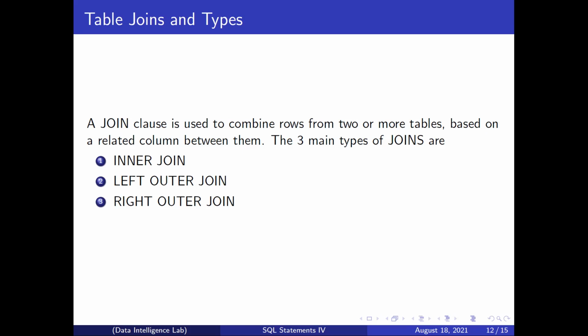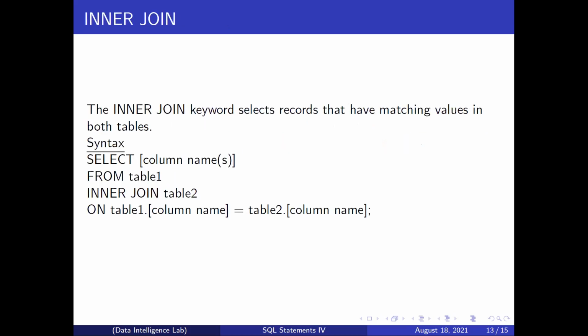So before you can bring out interesting insights, you need to do some merging of your data, right? So in merging your data, you need to understand the concept of table joins. When you do inner join, it will collect the information that is in both tables, so matching values in both tables, right?